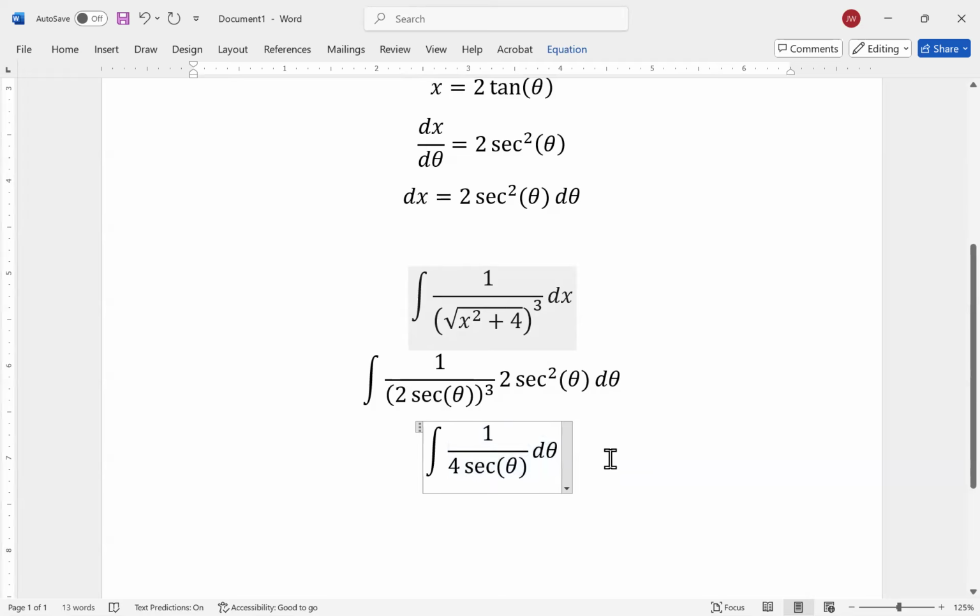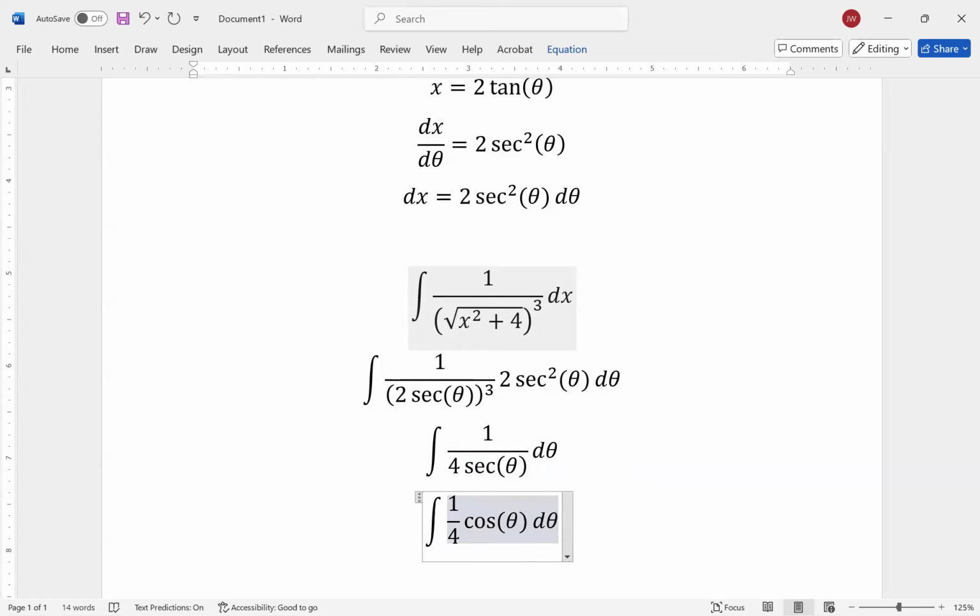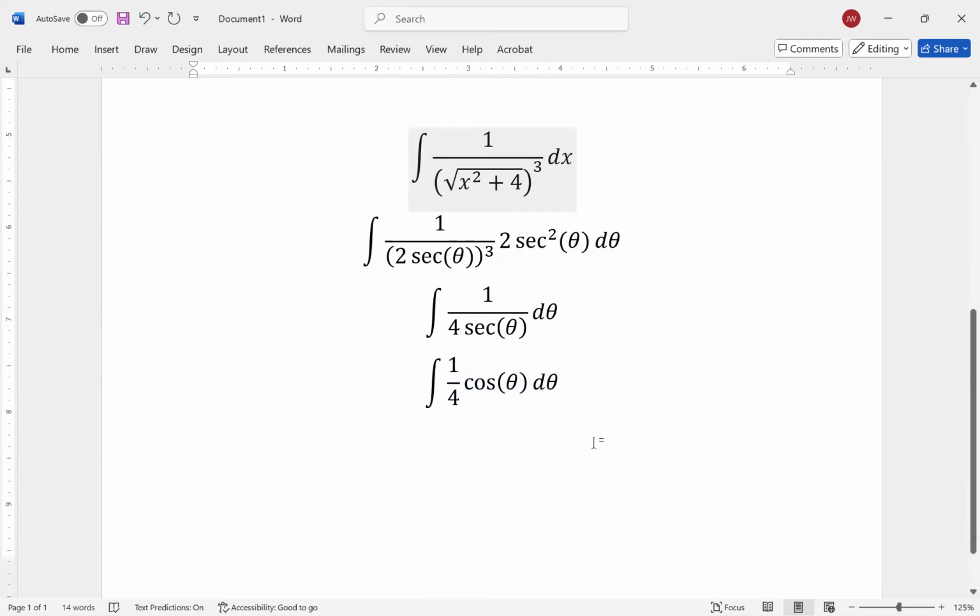So this integration is just the integration of 1/4 times cosine of theta, with respect to theta. Well, we know the antiderivative of cosine is sine.